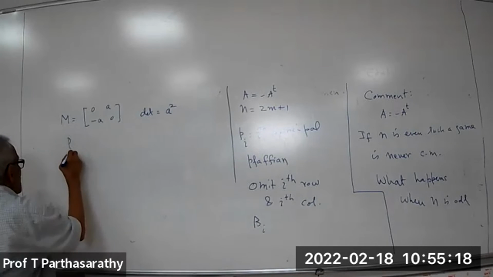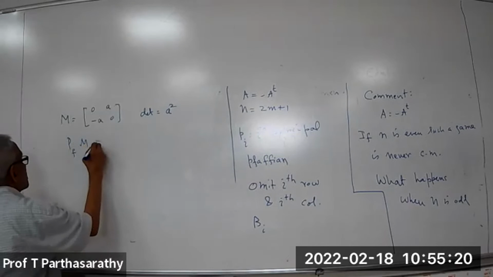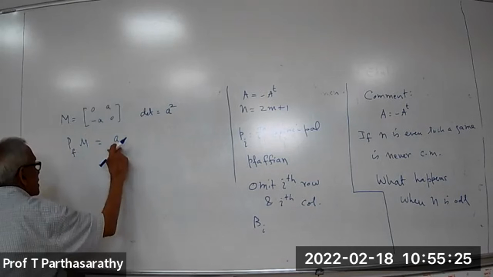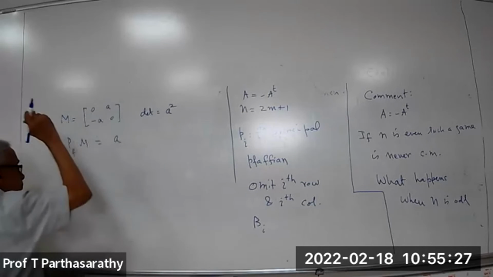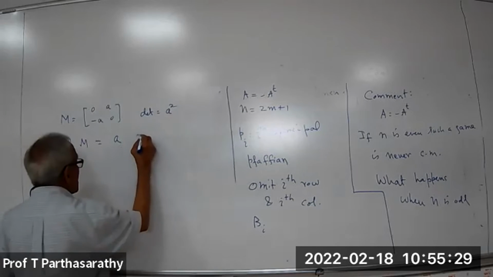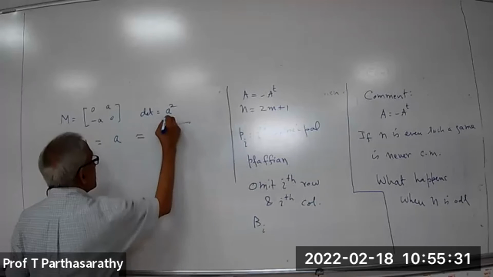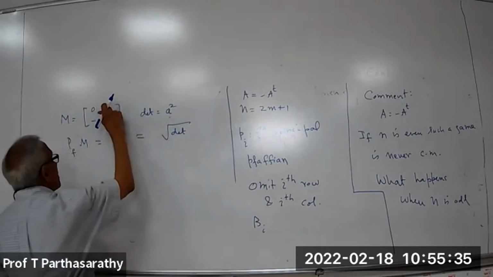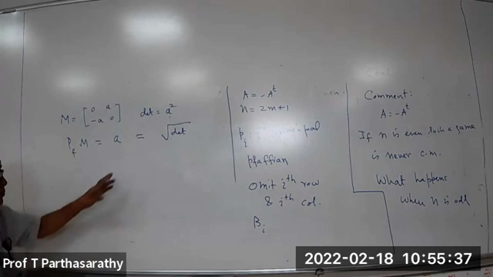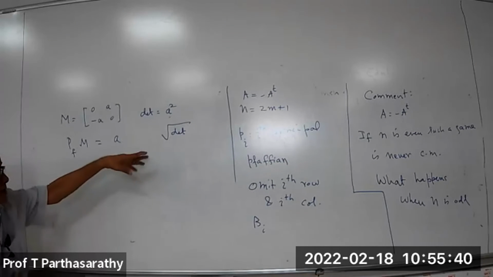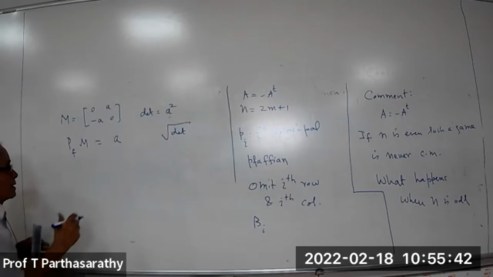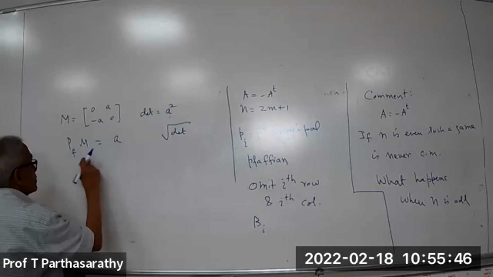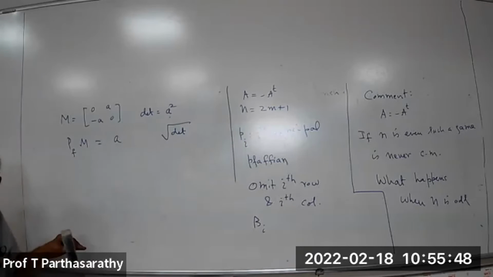So the Pfaffian of M is simply the number A. In other words, this is nothing but the square root of the determinant, but the sign will depend on the sign of A, because the square root could be either plus or minus A. You understand? So if A is positive, the Pfaffian will be positive. If A is negative, the Pfaffian is negative.